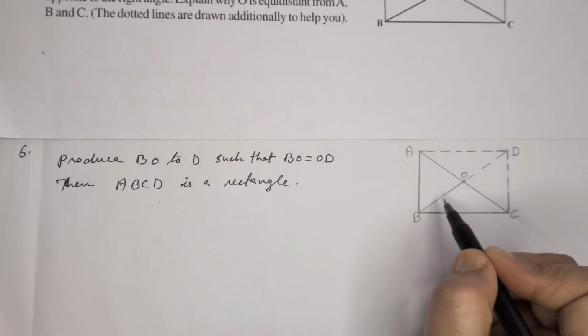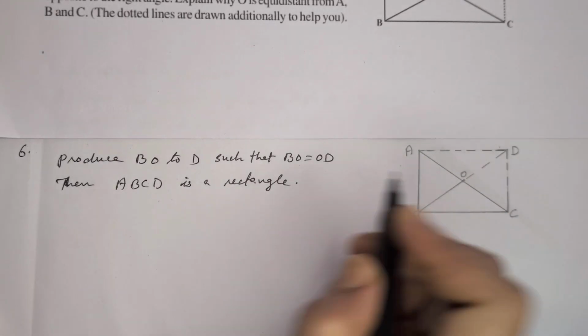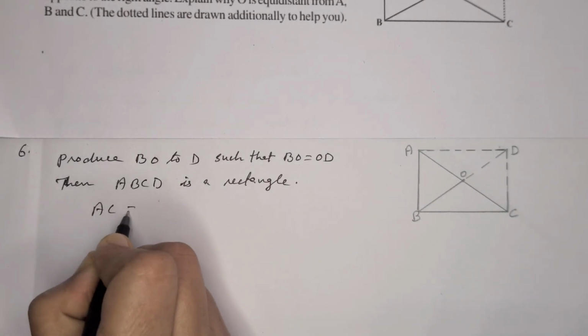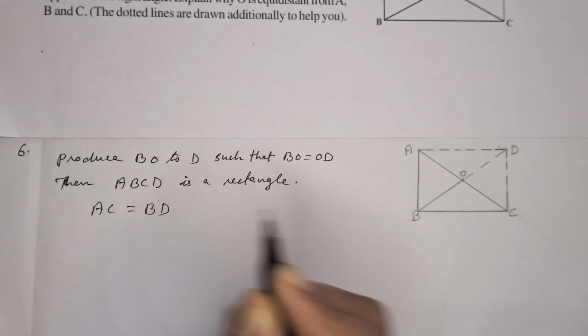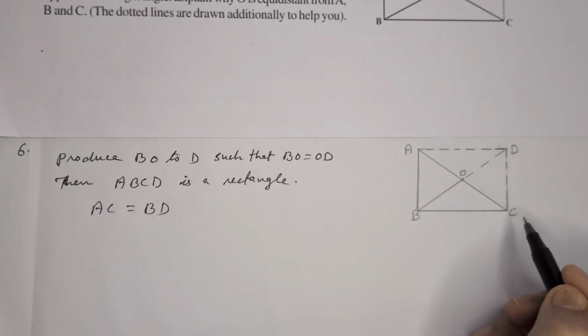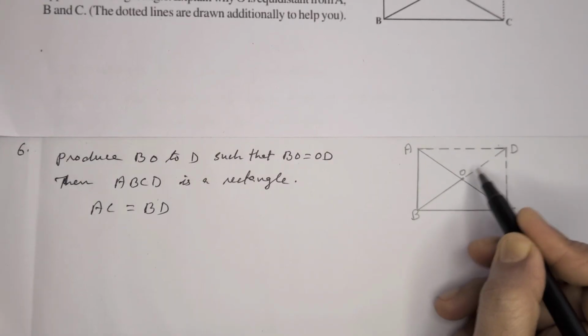Now we know that in the case of a rectangle, diagonals are equal. So we can write AC is equal to BD. Diagonals are equal.